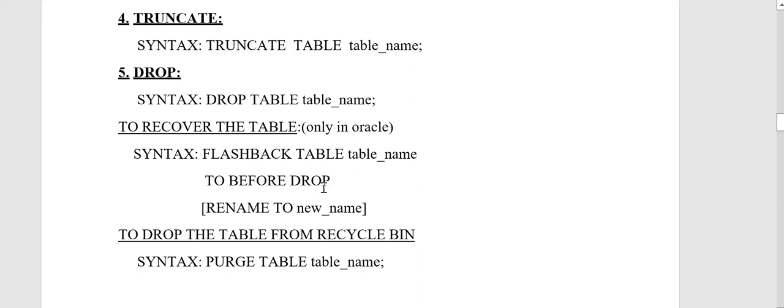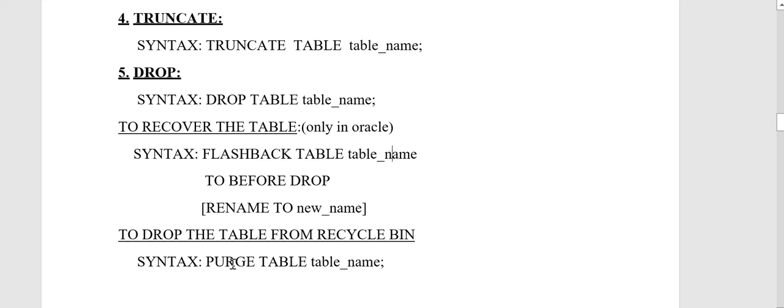While I am getting the table, I can change the name of the table to something, like lion. So flashback table product to before drop, rename to lion. When it is recovering, it will give the table name as lion. That is the advantage here. And to drop the table from the recycle bin, use purge table table name.